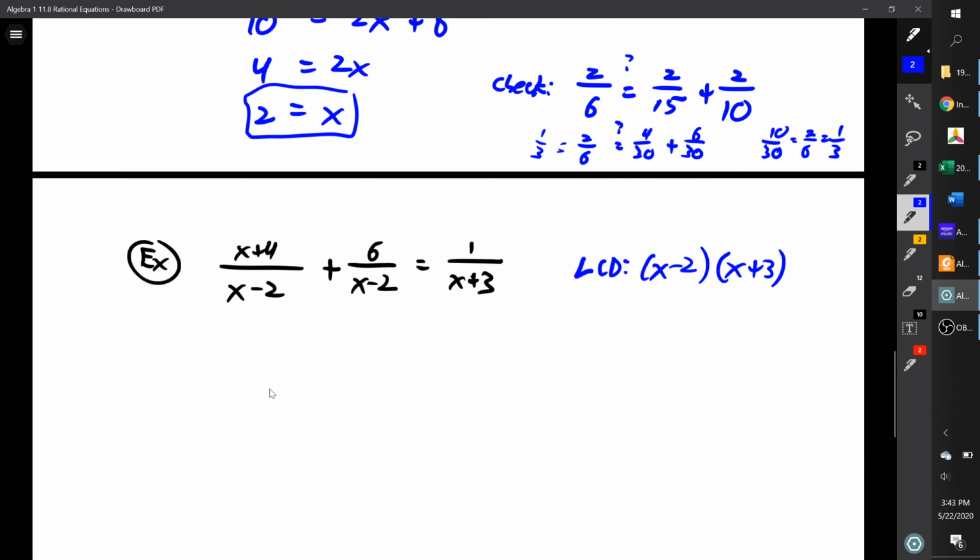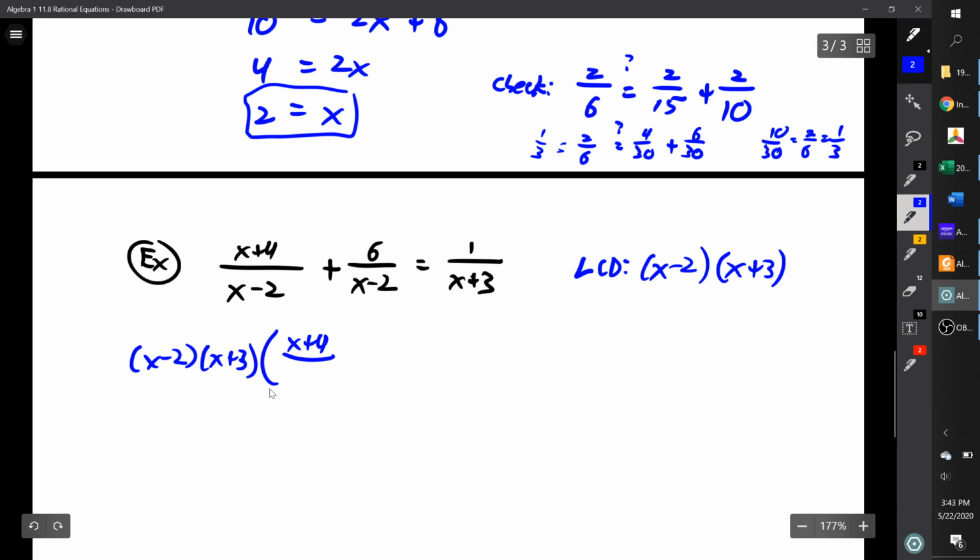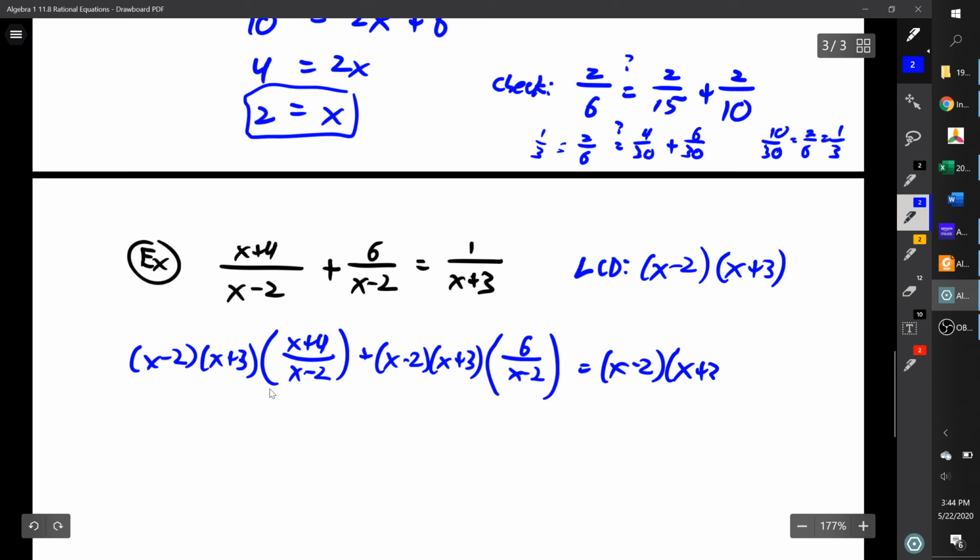We have x minus 2 times x plus 3 times x plus 4 over x minus 2 plus x minus 2 times x plus 3 times 6 over x minus 2 equals x minus 2 times x plus 3 times 1 over x plus 3.